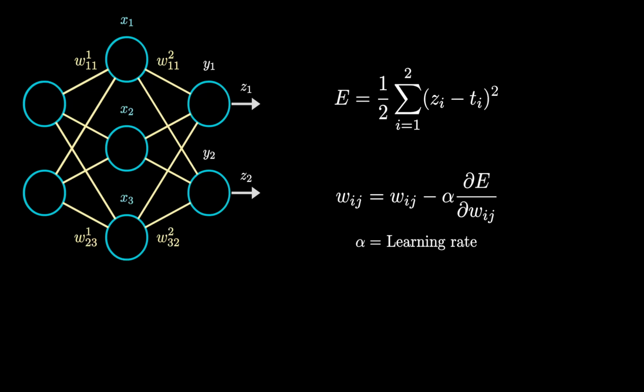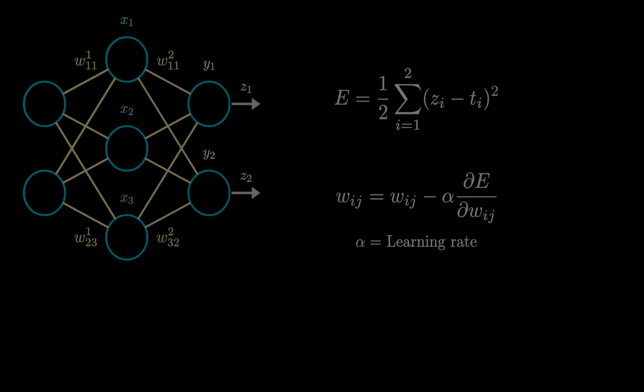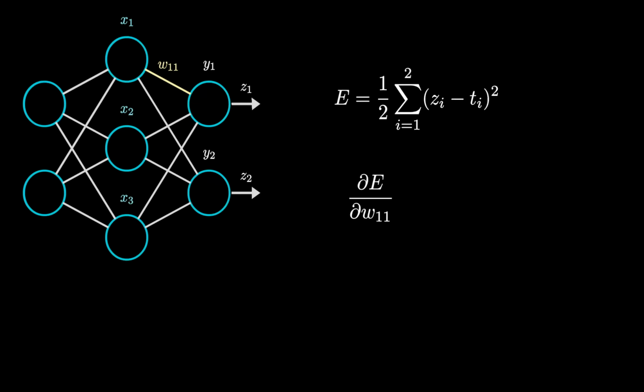The calculations for updating weights differ between the output layer and the hidden layers. We first explain the calculations for the output layer, and then, as the name suggests, we work our way backward to the first layer. To calculate how the error changes with respect to the weights in the output layer, we apply the chain rule.